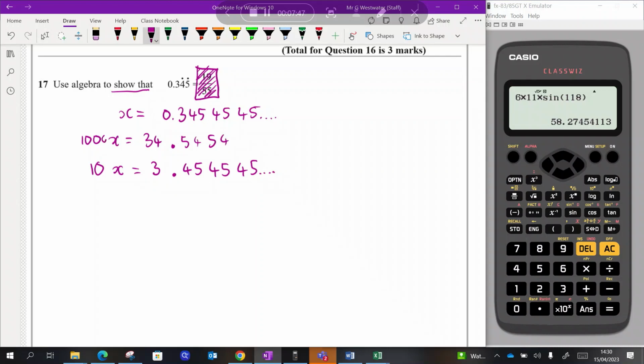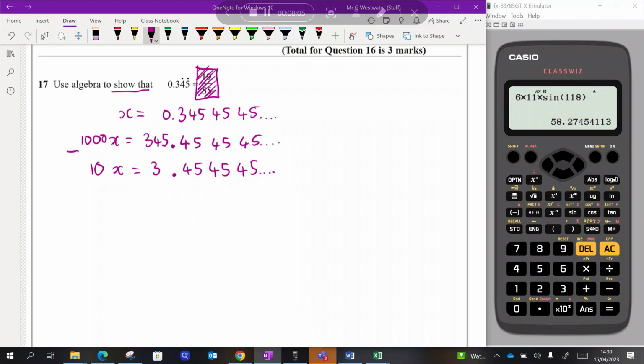If I turn this into 1000x, then it would be 345.4545 going on forever. And now if I subtract these, then all of this recurring nonsense will disappear.